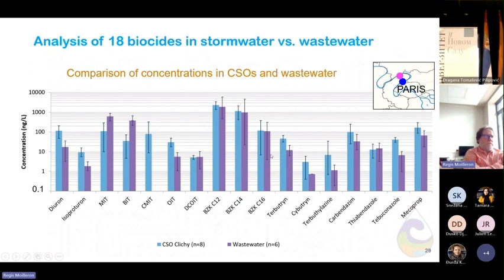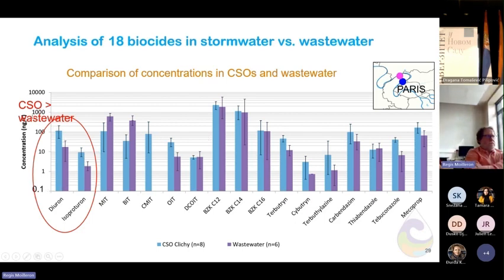So a few results on these biocides. We had a PhD student working on this who found the different trends and different concentrations of all of these biocides between wastewater in the wastewater treatment plant and stormwater from combined sewer overflows. And she found interesting results. Some of the molecules were much more concentrated in the stormwater, in runoff water, than wastewater.